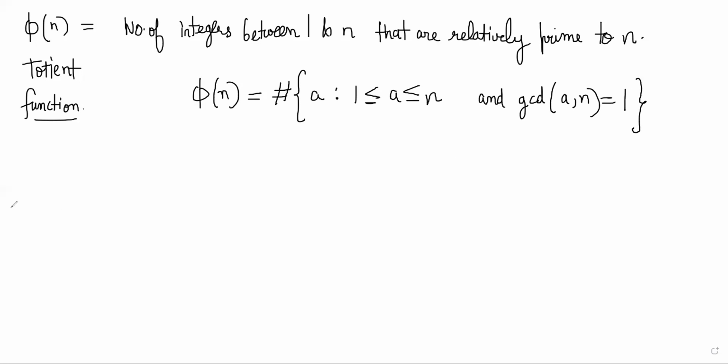This is called Euler's phi function, or the totient function.